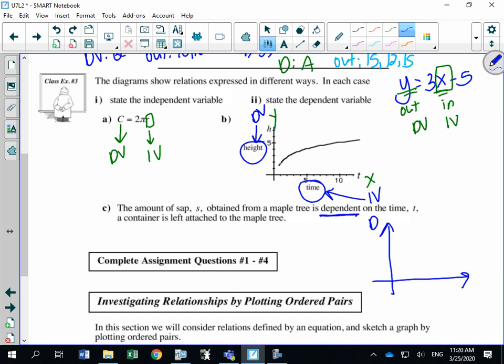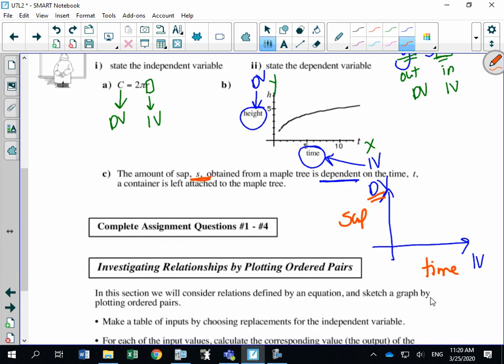So dependent variable is always here. Independent variable is always here. So they're saying that the amount of sap obtained depends on time. And time, remember I said it's always on your x-axis. So what this would be, sap would be my dependent variable, and time would be my independent variable. Okay? So make sure that sap is dependent and time is independent.